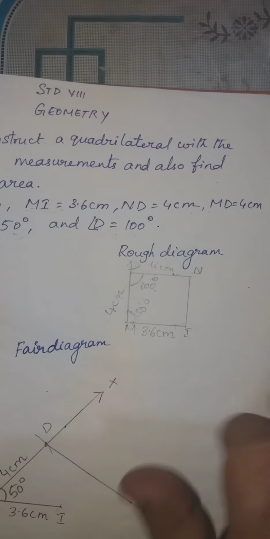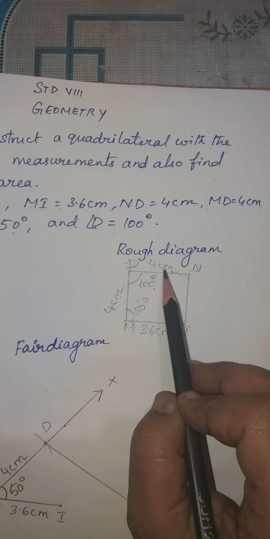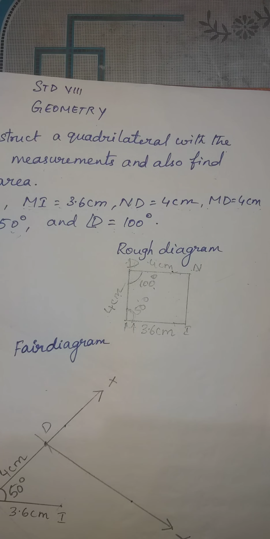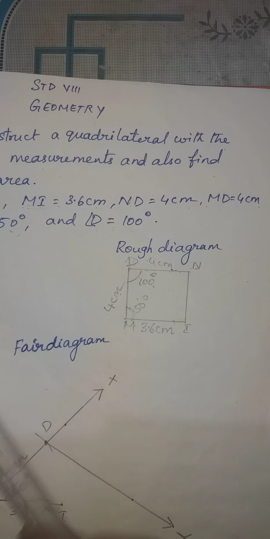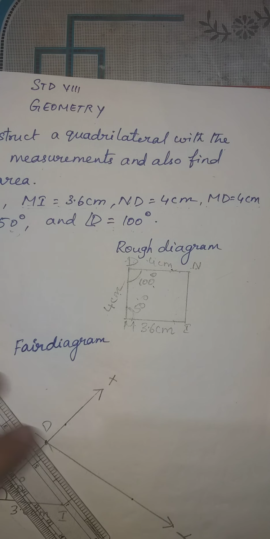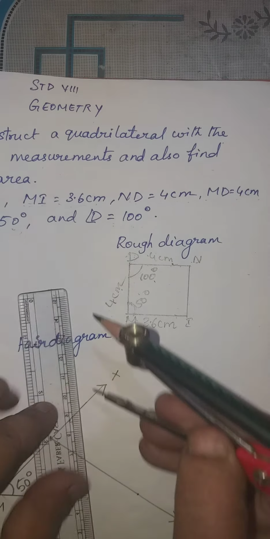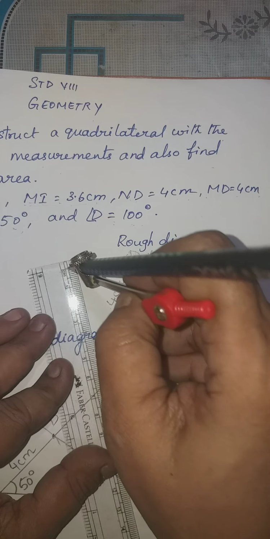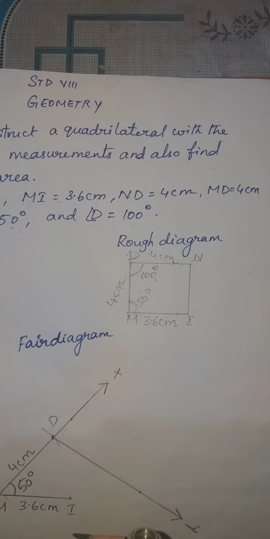Now ND is given, here you can see ND is given 4 centimeters. So with D as center and radius 4 centimeters, draw an arc. Measure 4 centimeters using ruler. Now let us draw the arc.